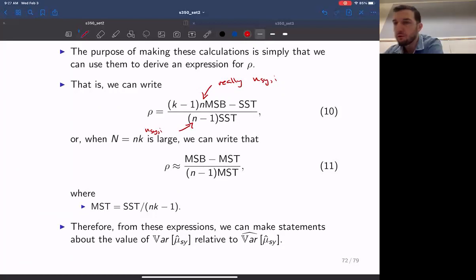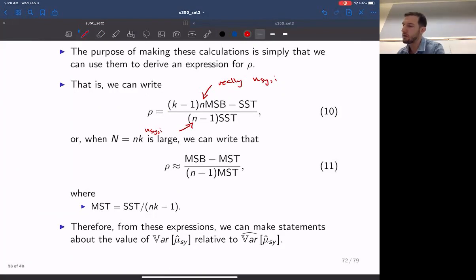The purpose of arranging the data like this and considering these decompositions of the sum of squares around the repeated systematic sampling estimates of the mean is so that we can build an estimate for rho, which means we could compute the true variation of our systematic sampling estimator.